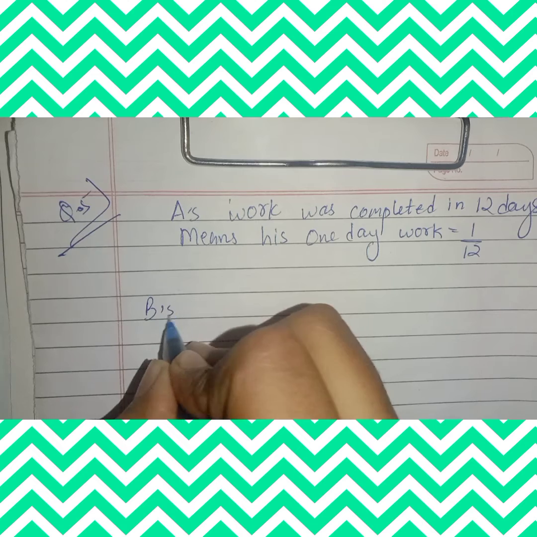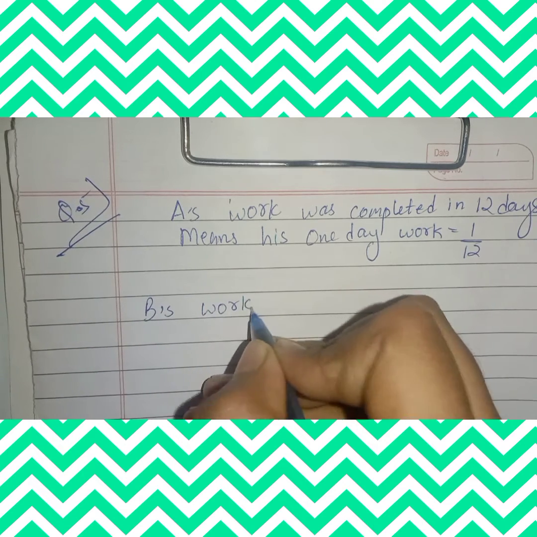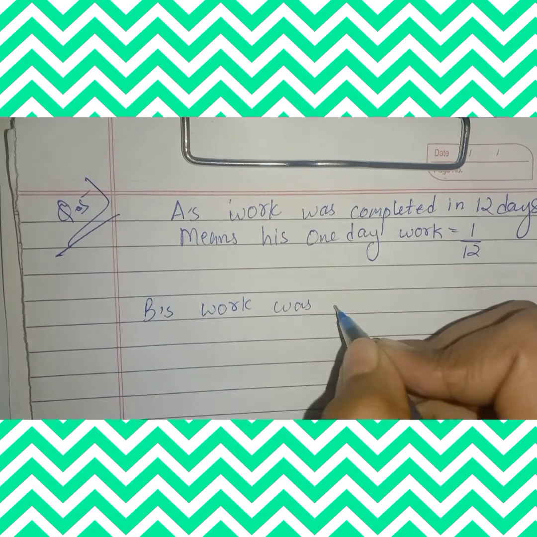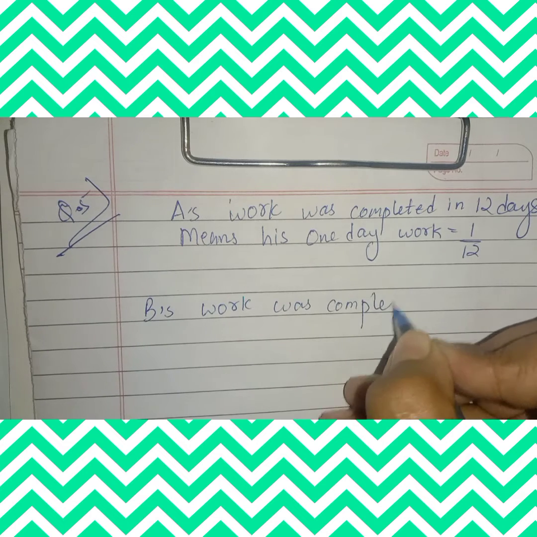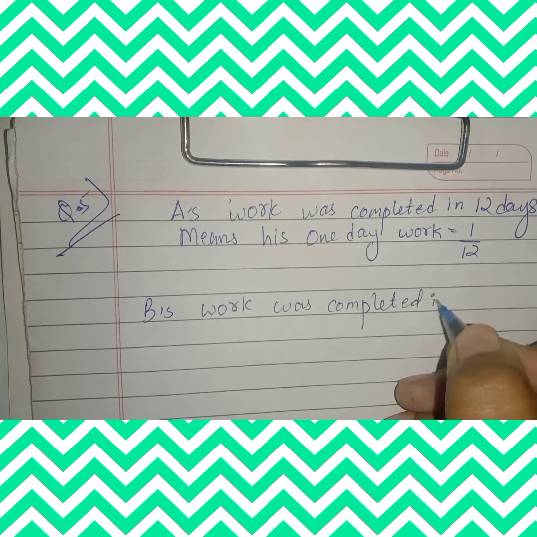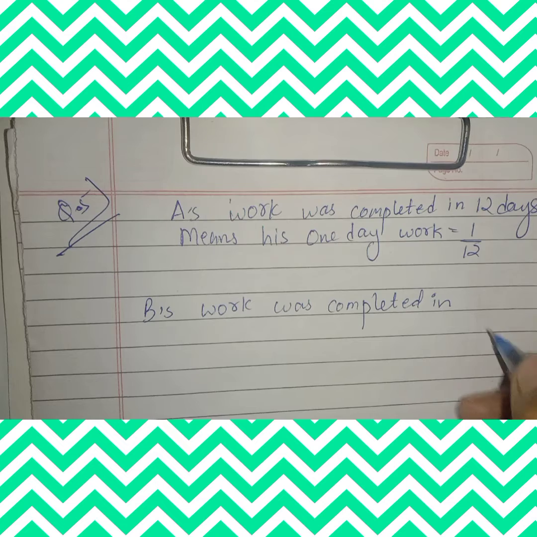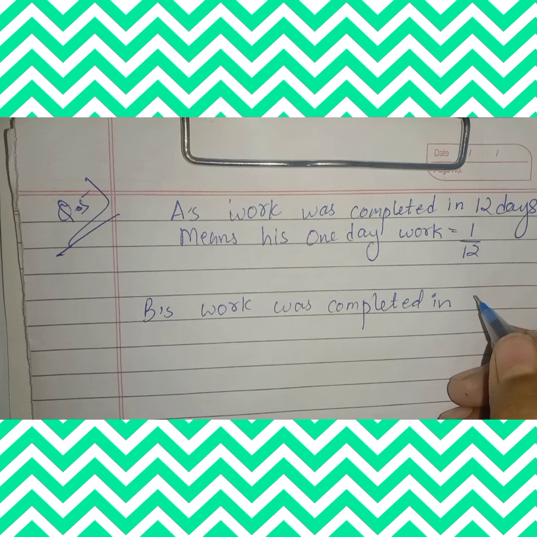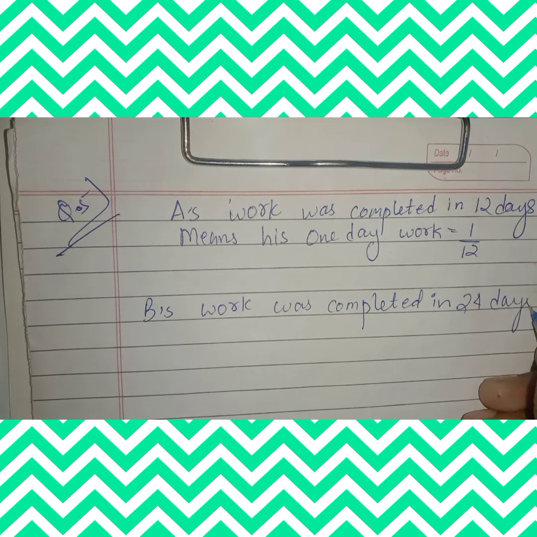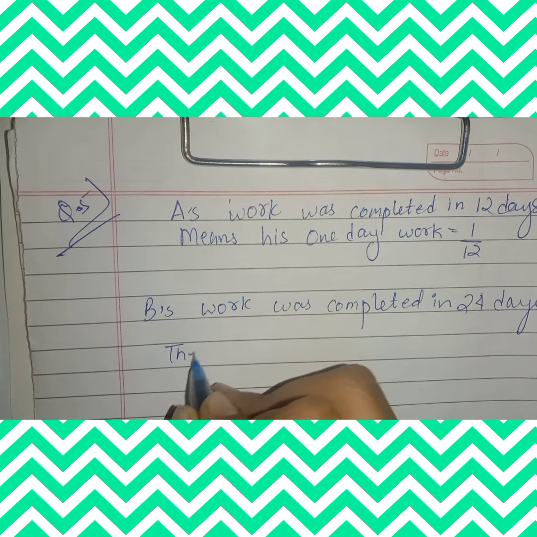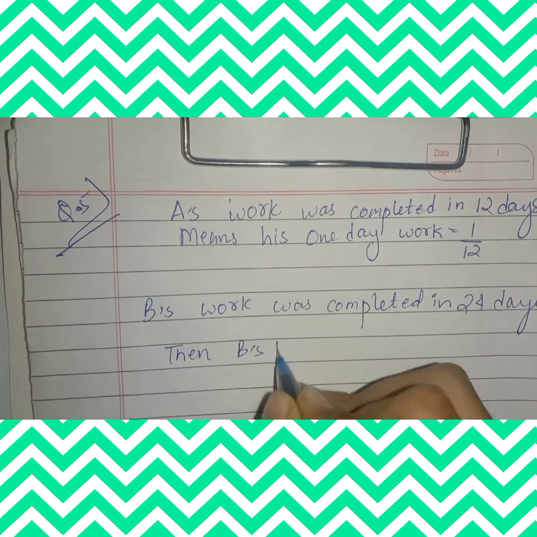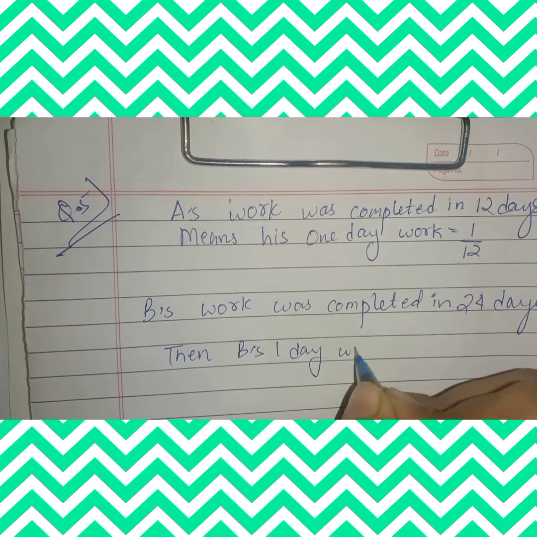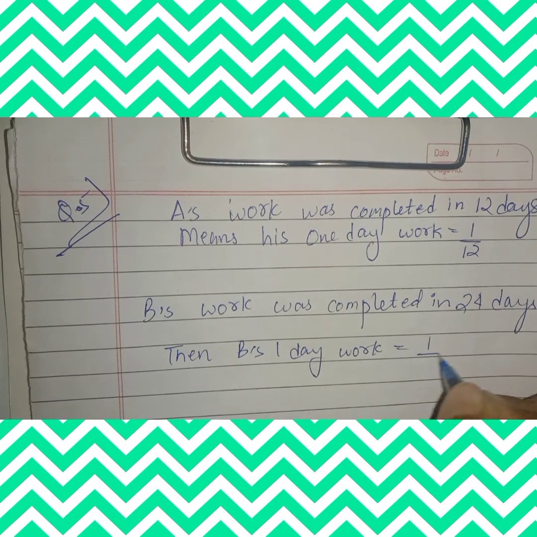Then B's work was completed in 24 days. Then B's one day work is equal to 1 upon 24.